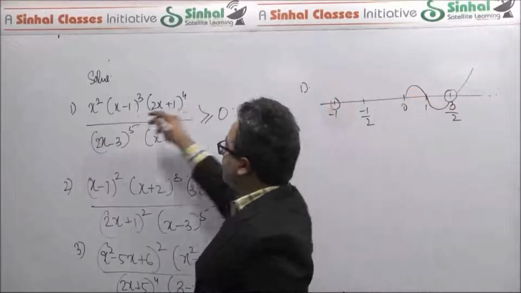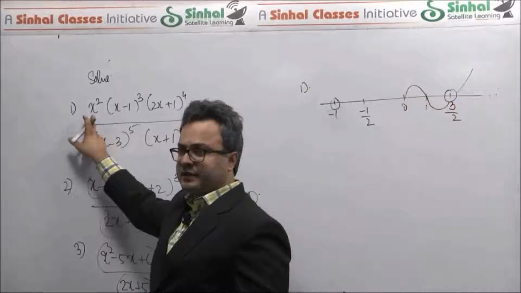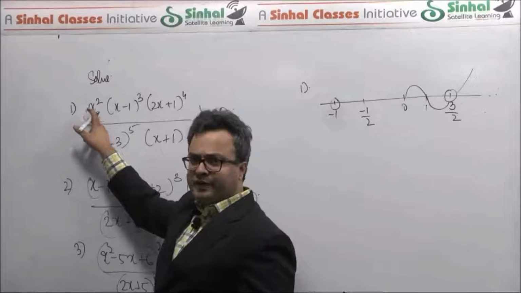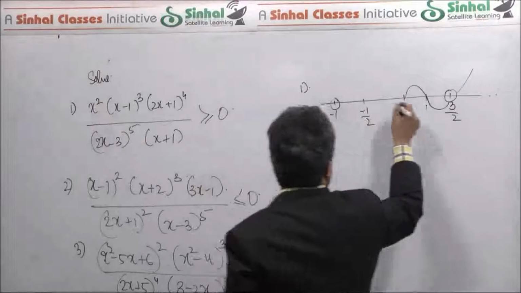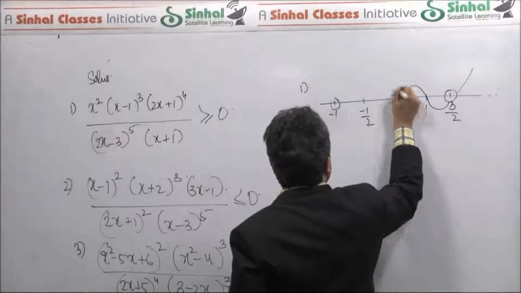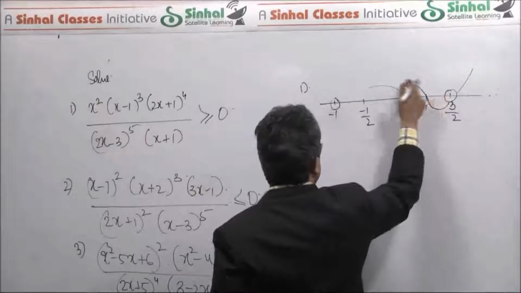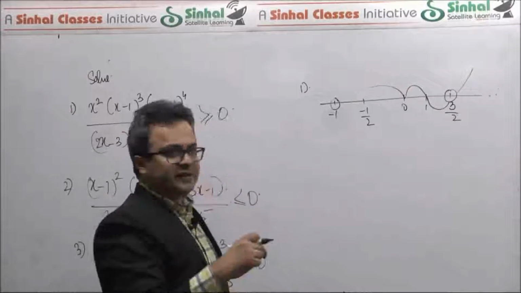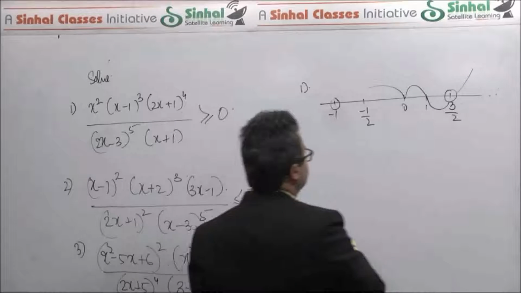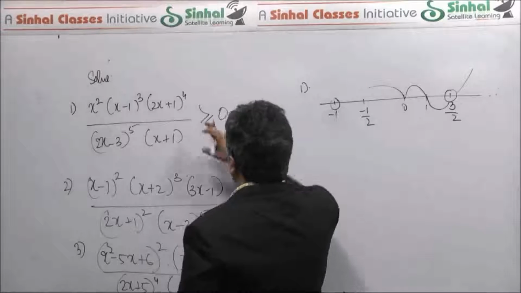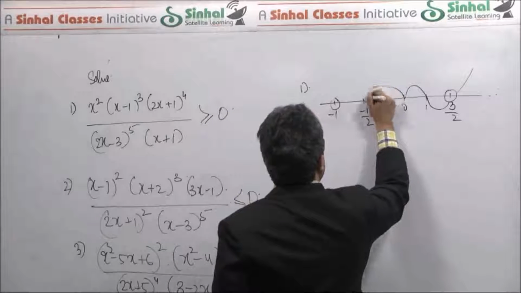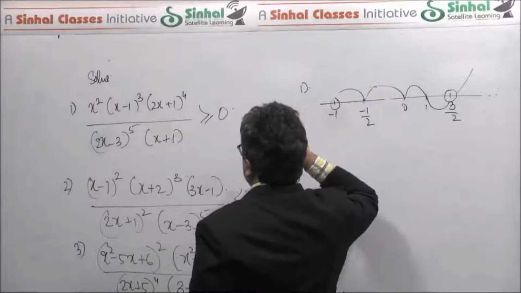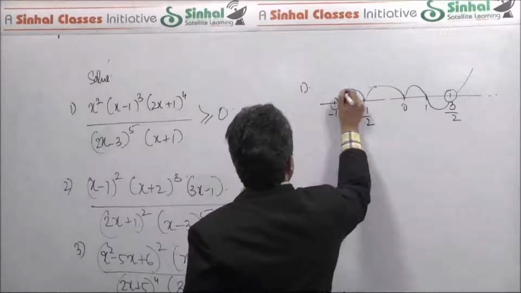At 0, there is an even power, so you make the wave reflect at 0 and bounce back to the same side. It was coming from above the x-axis, so it will get reflected at 0 and stay on the same side. Then at minus half, it's again an even power, so it will bounce back. And at minus 1, it's an odd power, so it will cross.